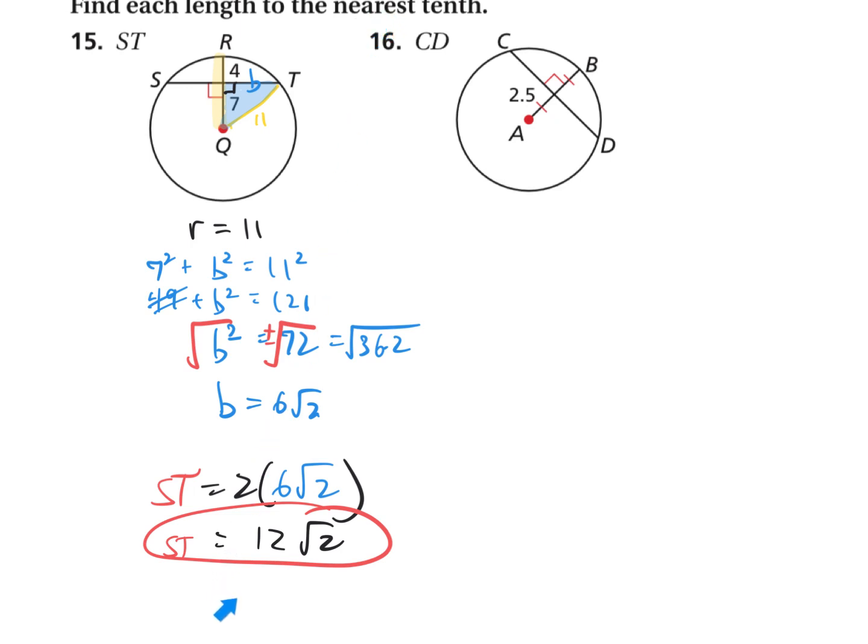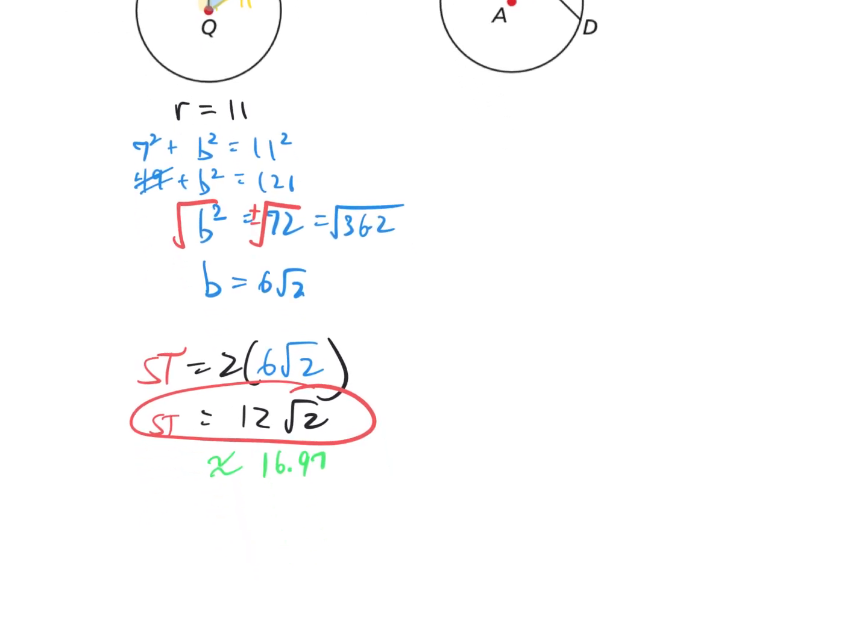Our calculator says 16.97, but if we're going to the nearest tenth, then that's only 1 decimal. So we look to the right. This is 5 or bigger, so we have to round the tenth up 1, which brings us to our final decimal approximation, 17.0.